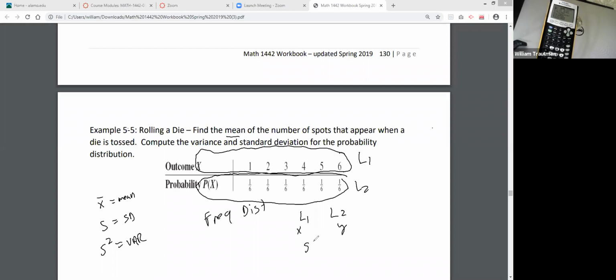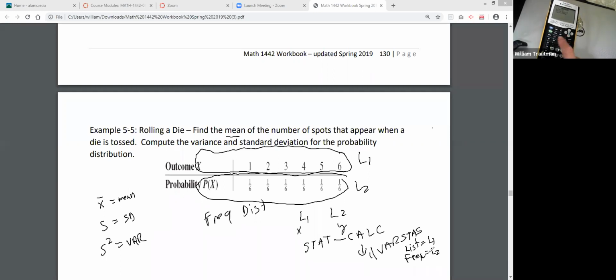Go to stat, calculate, 1-Var Stats, and hit enter. Sorry, I'm running out of room. List is L1, frequency is L2.